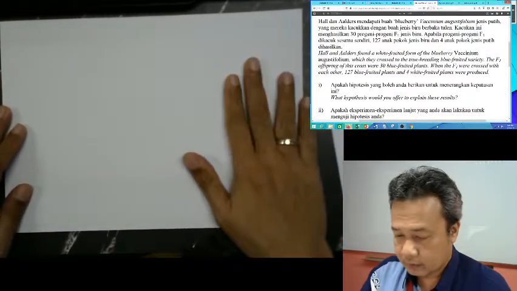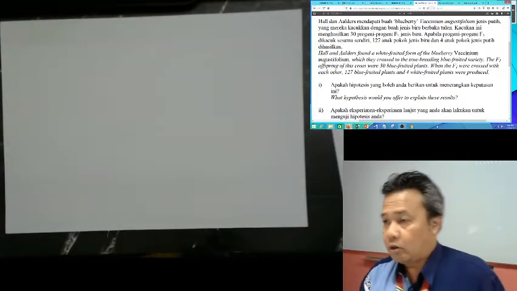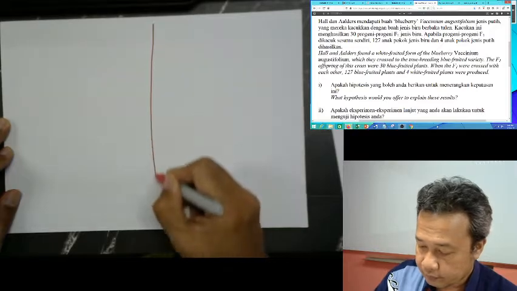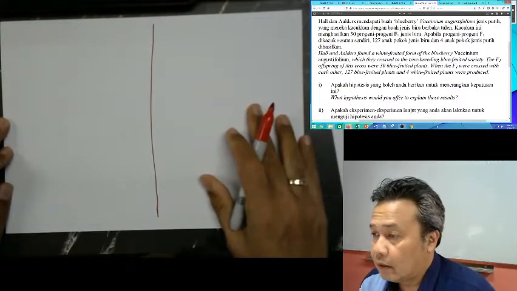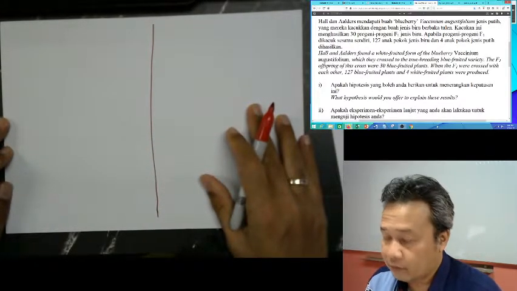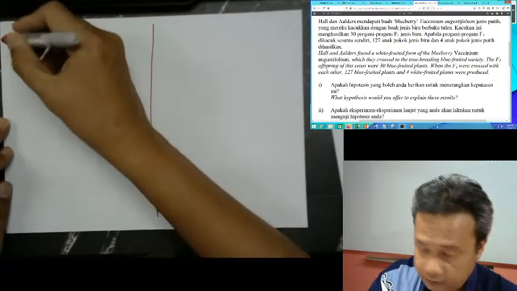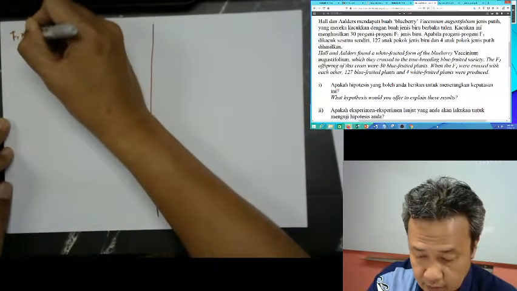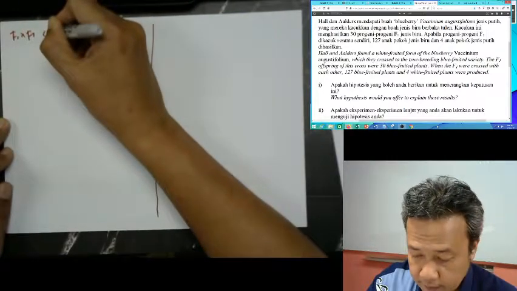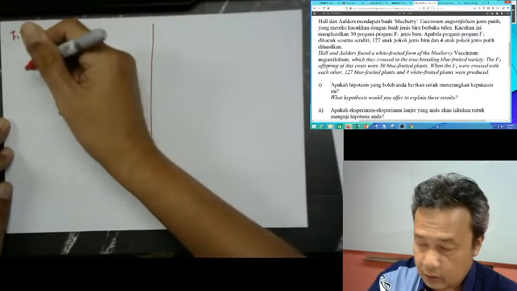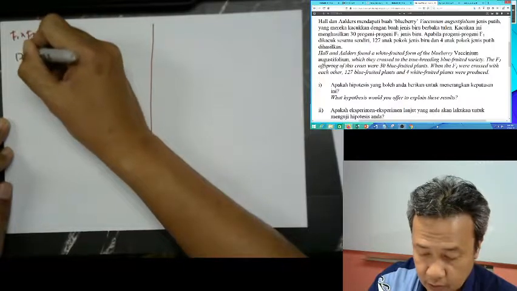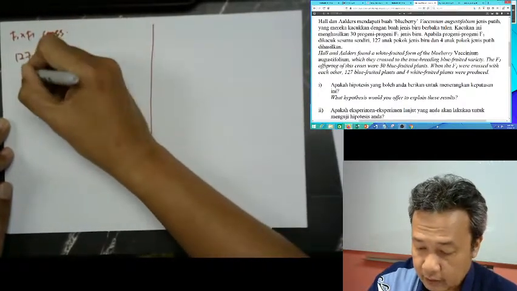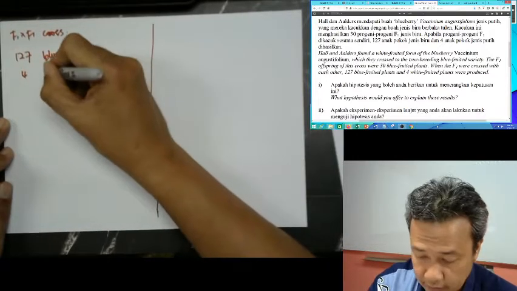So after the F1 times F1 cross, you get 127 blue and then 4 white.